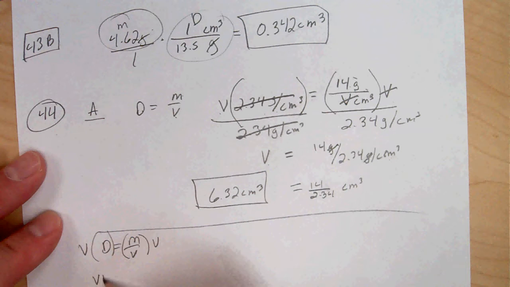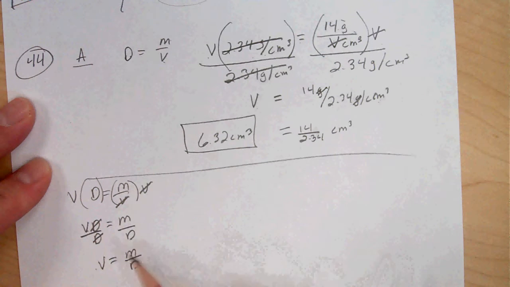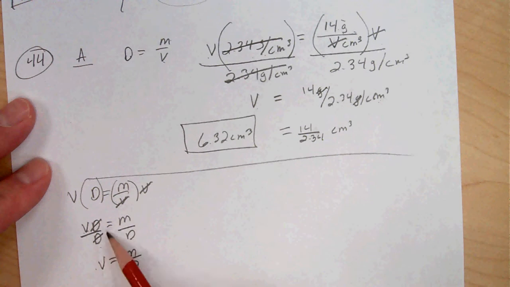Now I have VD equals m, because V cancels V. And I want to get V by itself, so I have to divide both sides by D, and D cancels D, and I have volume equals mass divided by density. And I'll slide this up a little bit so you can see that last step. V times D divided by D equals M over D. D's cancel, V equals M over D.